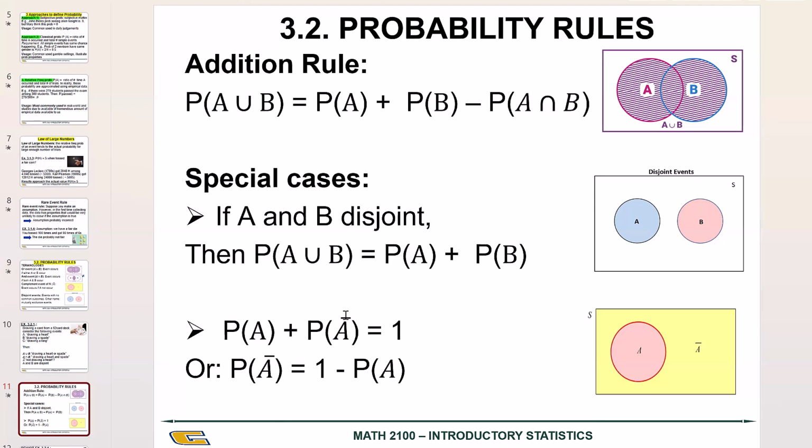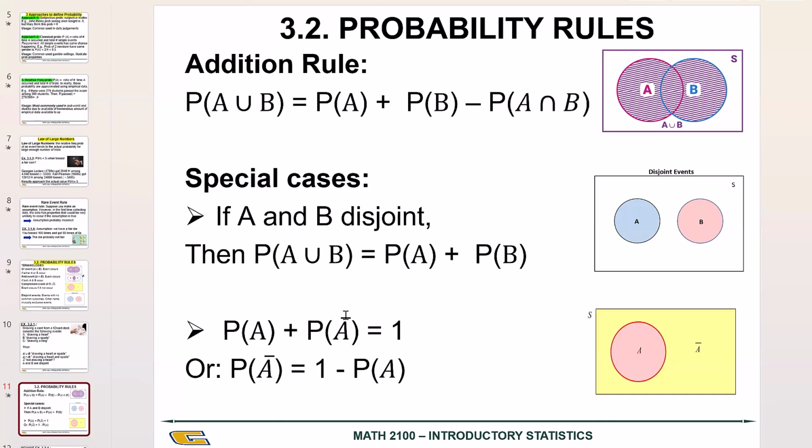So you can see that the shaded area here will be equal to the A area plus the B area. But there's something overlapping here, which is the intersection of A and B. So the shaded area is equal to A plus B, but you also need to subtract the overlap.